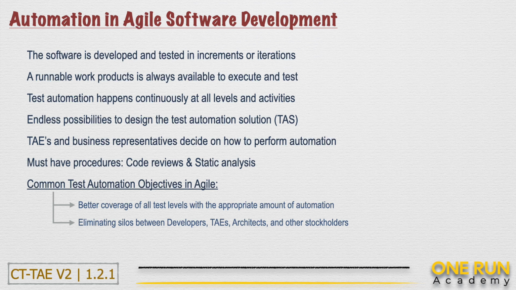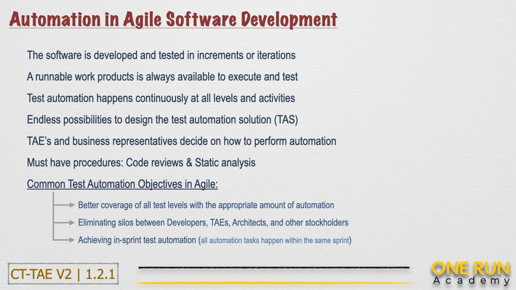And third, achieving in sprint test automation. Now, this is the gold standard in Agile. In sprint automation means that all automation tasks, such as writing test scripts, executing them, and updating frameworks, happen within the same sprint.